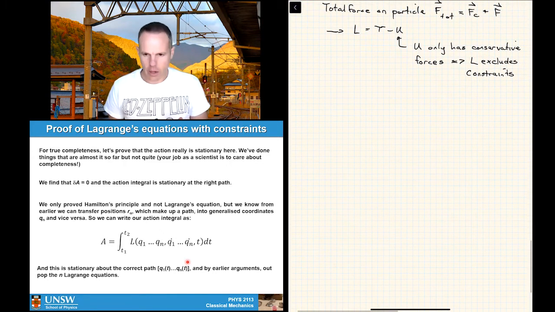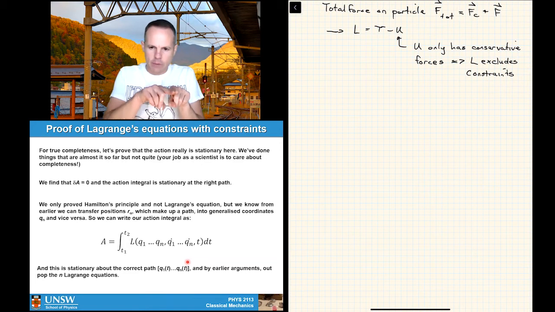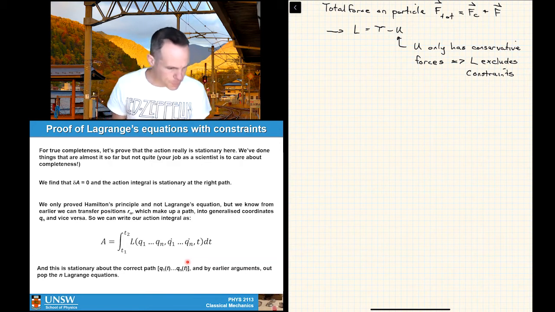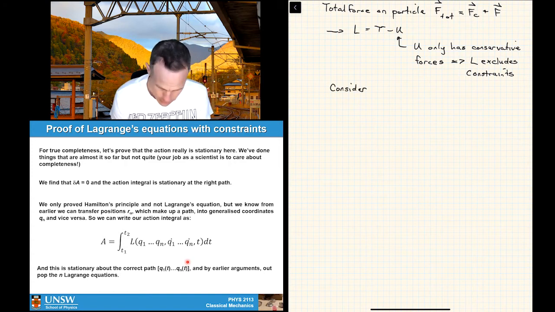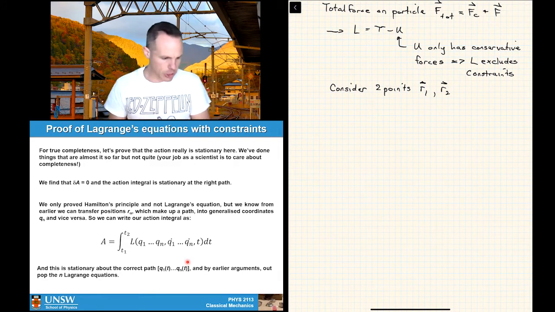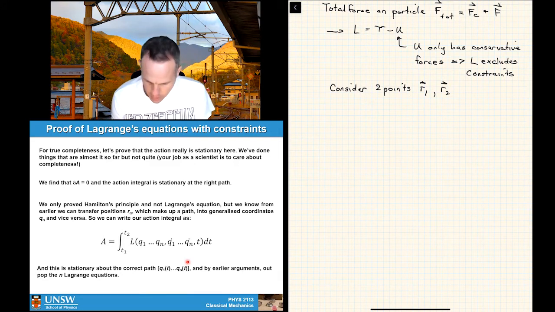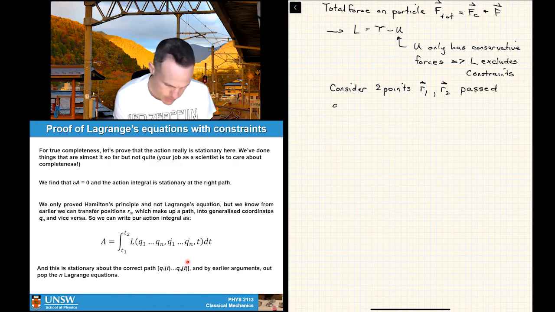Let's consider, you remember we have to deal with this path problem, right? So we're going to consider 2 points, and they're going to be R1 and R2. We'll assign them a vector because they're actually a position, right? And they're passed at T1 and T2.